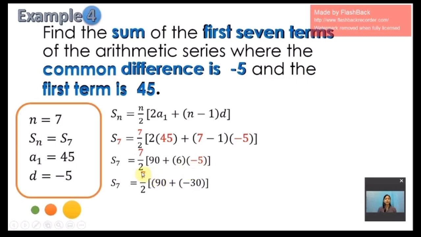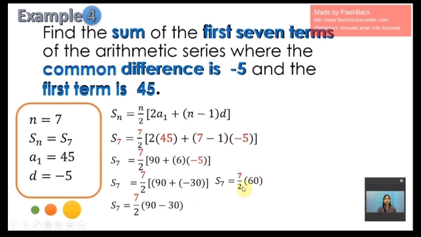Then we will have 7 over 2 times the quantity of 90 plus 6 times negative 5 is negative 30. Simplifying it further, we will have 7 over 2 times the quantity of 90 minus 30. Then S sub 7 is equal to 7 over 2 times 60.